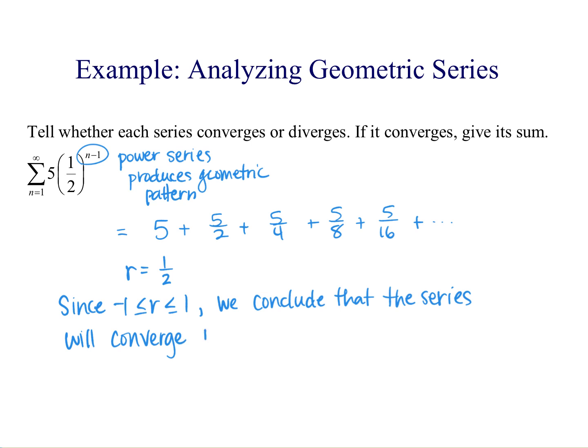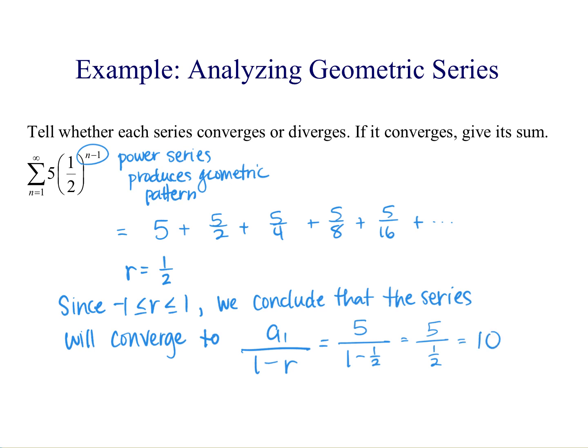It's going to converge to the formula a sub 1 over 1 minus r. So a sub 1 is the value of the first term, which is 5. 1 minus r is 1 minus half. So that's 5 over half, which is 10.